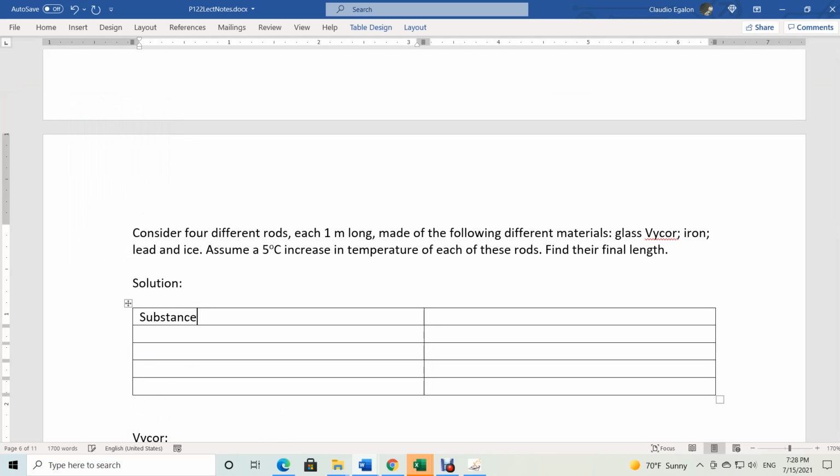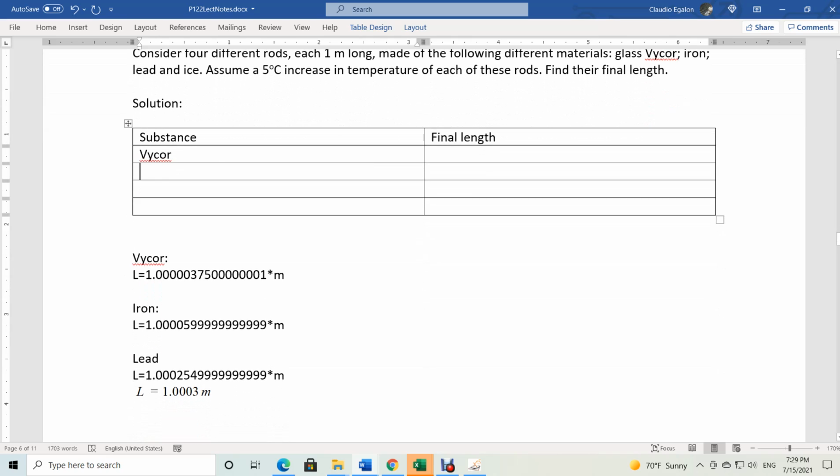Substance. Final length. Okay. Substance: Vicor, iron, lead, and the other one is ice water.